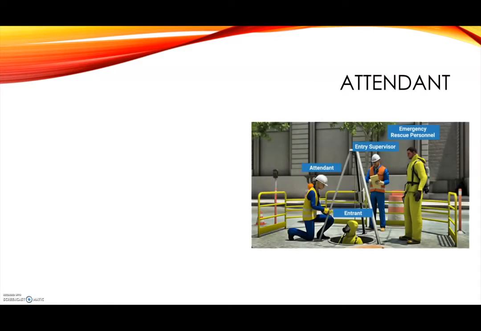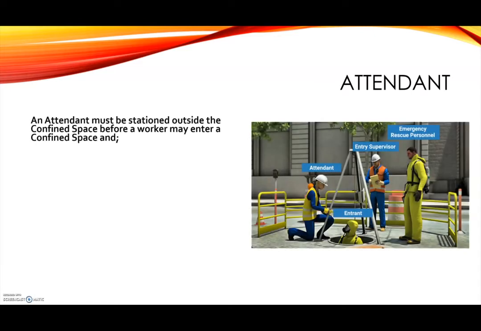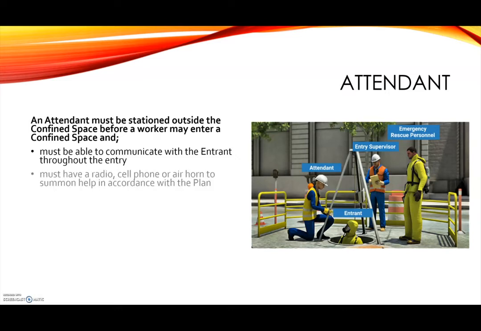Attendant. An attendant must be stationed outside the confined space before a worker may enter a confined space, and must be able to communicate with the entrant throughout the entire entry, must have a radio, cell phone, or air horn to summon help in accordance with the plan, must never enter the confined space in order to facilitate a rescue.